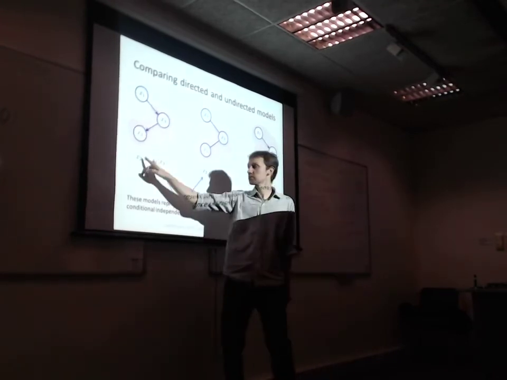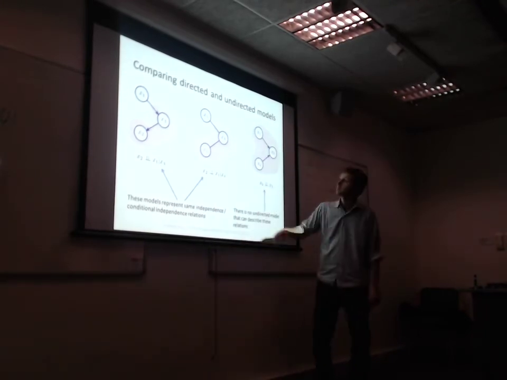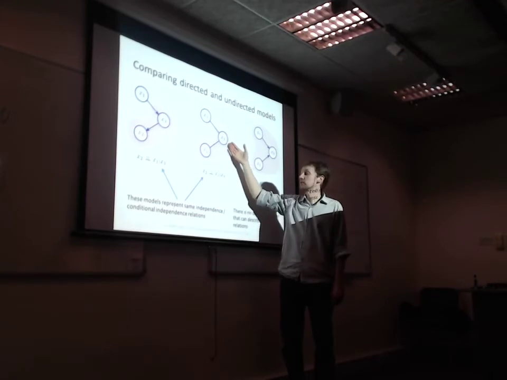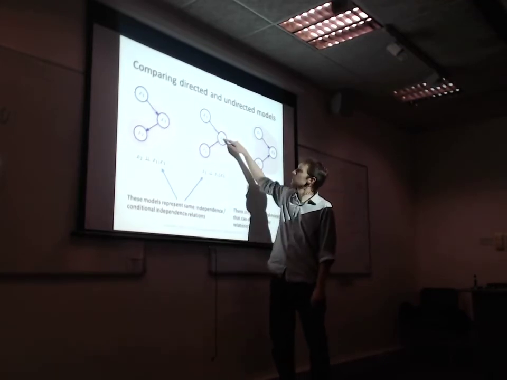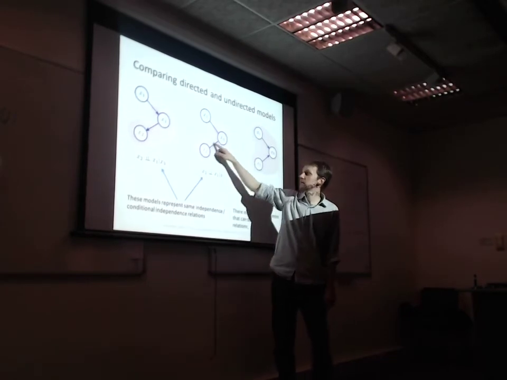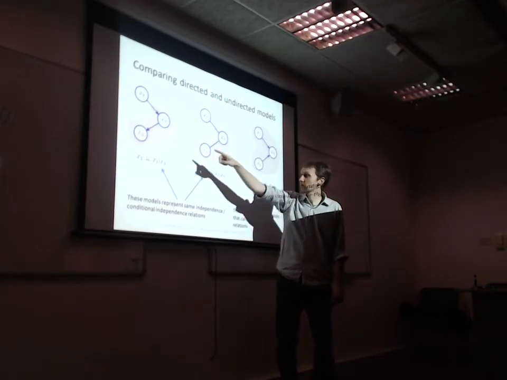Remember conditional independence, we can flip this part around, always given x3. In this case, because it's undirected, nothing changes. It's actually the same. x2 is conditionally independent of x1, right? Because the path from x1 to x2 is blocked by x3. So given x3, we have the same situation as we had in the directed graph.